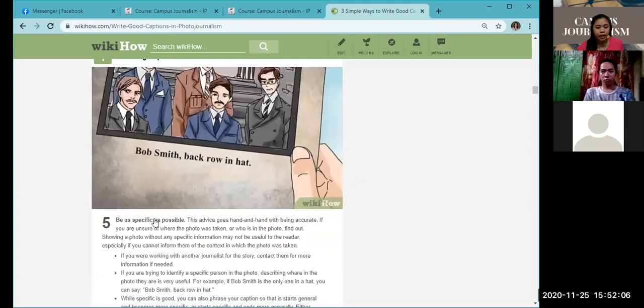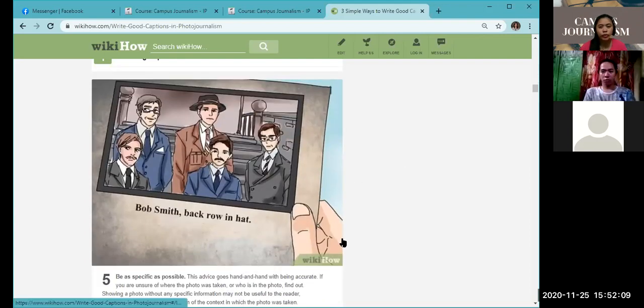And then be as specific as possible. So if in your article you're talking about a specific person and then it happens nga wala siya like picture, but only with a group of people in the picture, then you should specify where he is in that picture. So Bob Smith is in the back row in a hat.